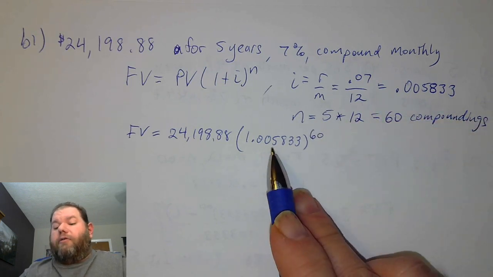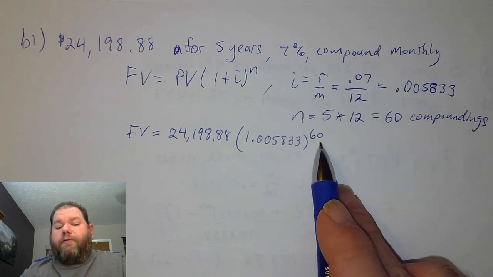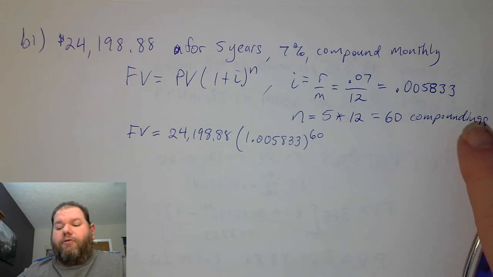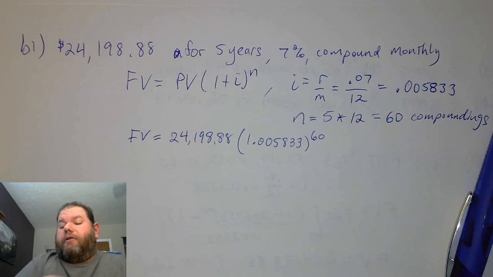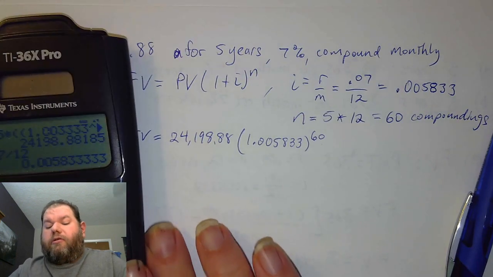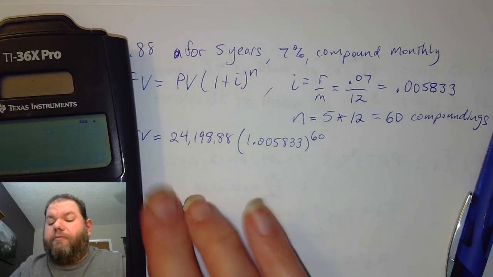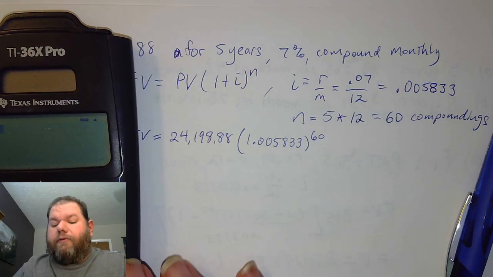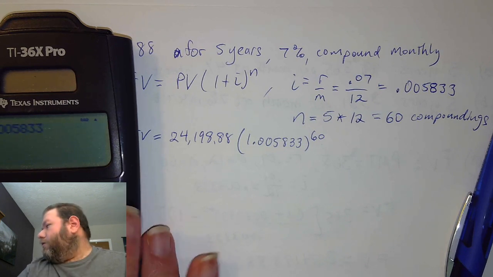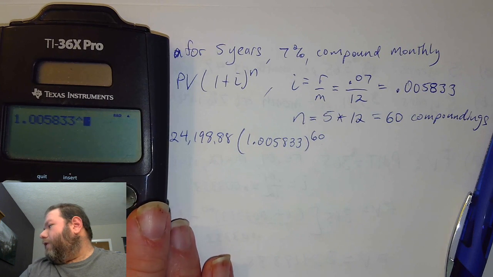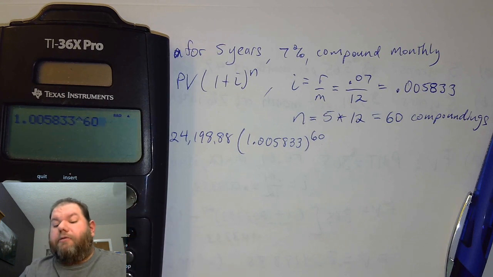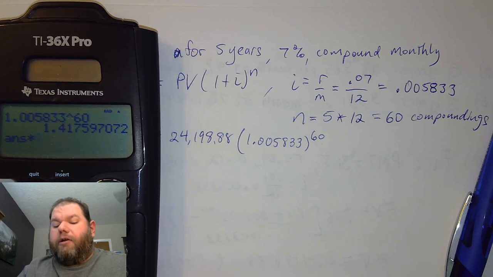Now again, we do the number raised to the exponent first, and our multiplication is last on our order of operations. So let's take 1.005833, raise that to the 60th power, then take that answer and multiply it by 24,198.88.